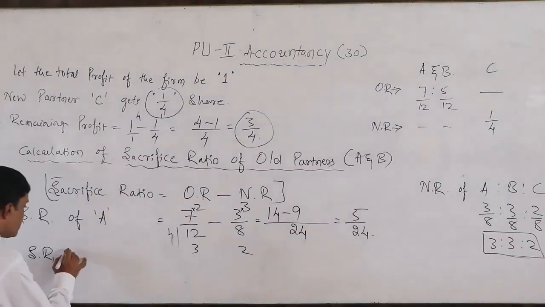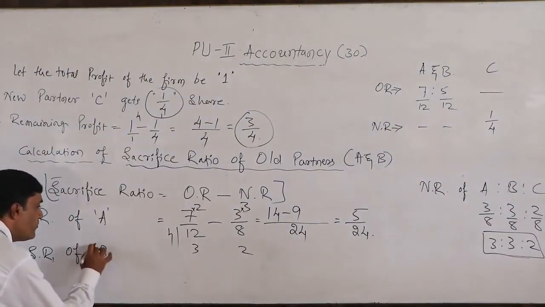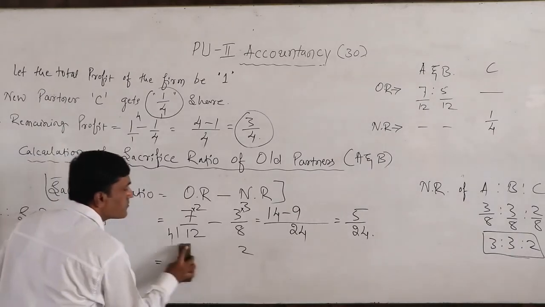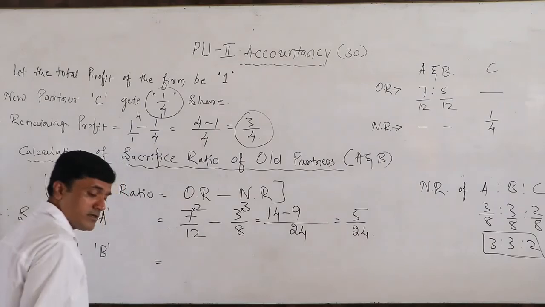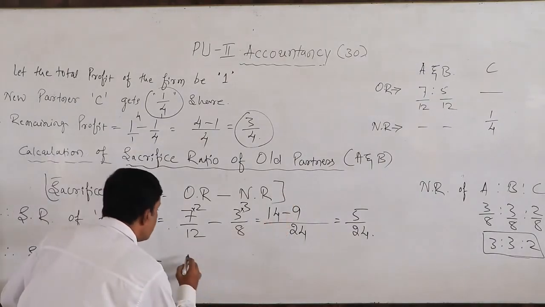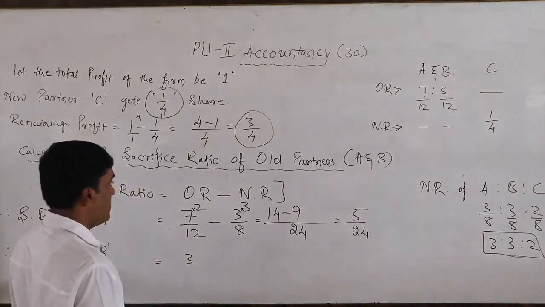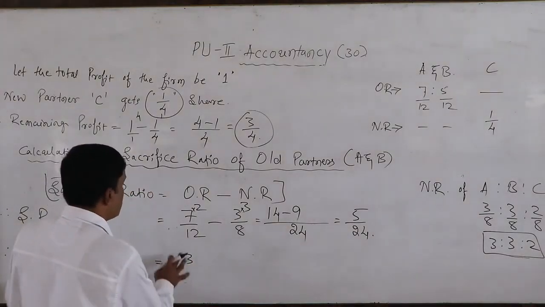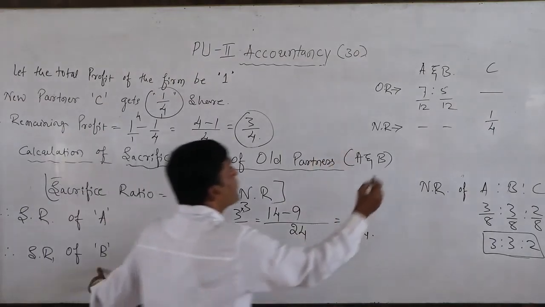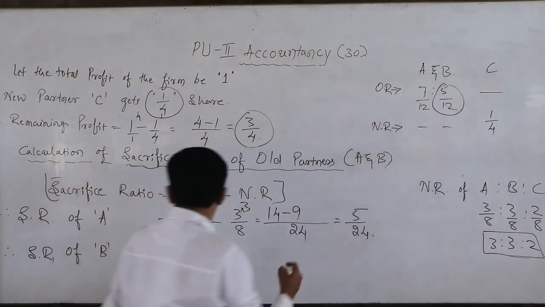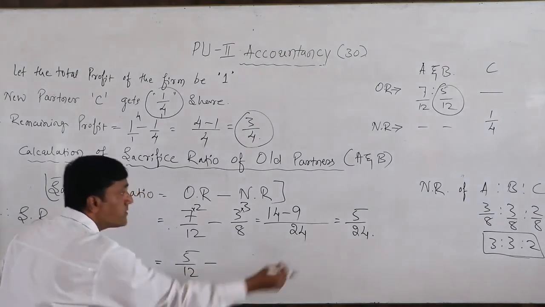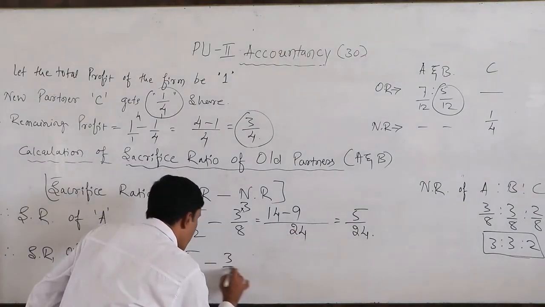Similarly, let us see sacrifice ratio of B. Old ratio of B is 5 by 12, minus the new ratio is 3 by 8.